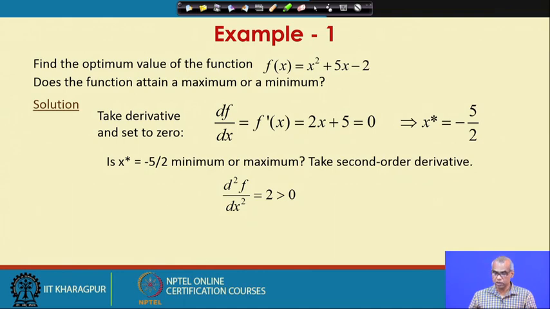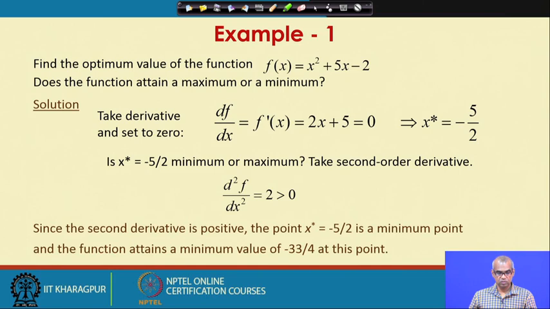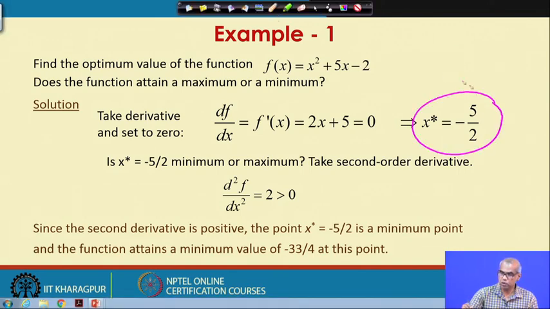You need to take the second order derivative. d square f dx square equal to 2, which is greater than 0. Since the second derivative is positive, the point x star equal to minus 5 by 2 is the minimum point, and the function attains a minimum value of minus 33.4 at this point, that you can find out once you put this value in this function.